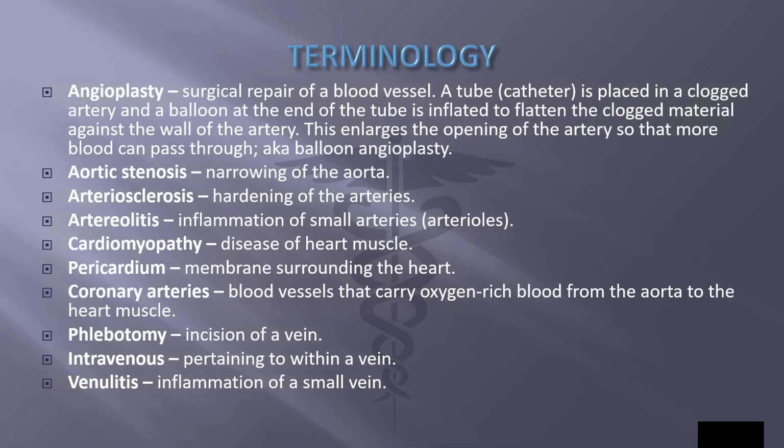Then we have cardio, which means heart. Cardiomyopathy is disease of heart muscle. Pericardium is the membrane surrounding the heart. Next is corono, which also means heart. Coronary arteries, blood vessels that carry oxygen-rich blood from the aorta to the heart muscle.